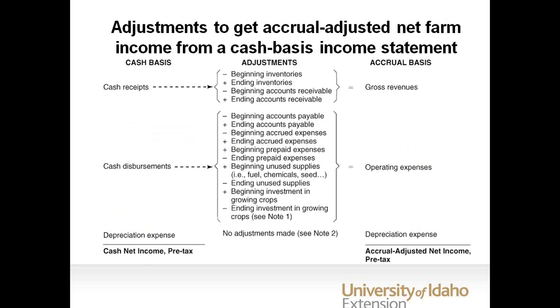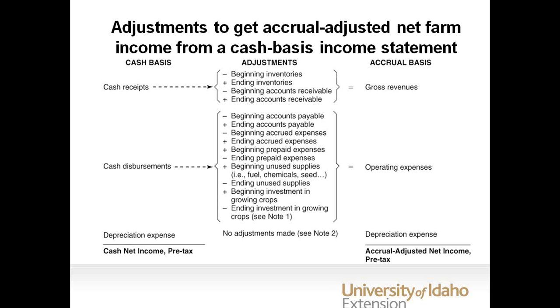This is what the accrual adjustments look like. There are two adjustments to cash receipts. One is on changes in inventory values, which we'll talk about in just a second. The other one is on accounts receivable. And then there are several adjustments to the expense side.